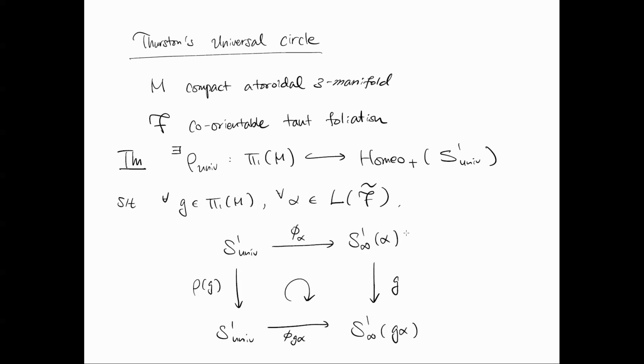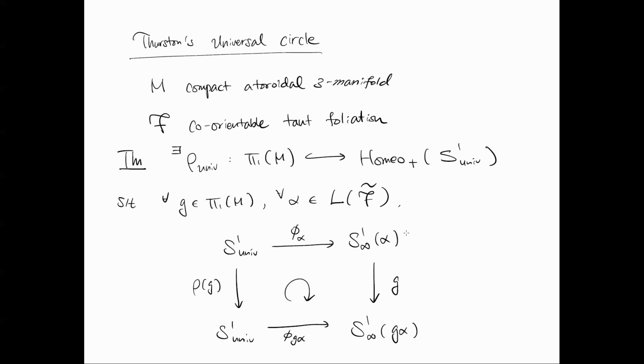Not only that, if you take an arbitrary element in the fundamental group and an arbitrary leaf of the lifted foliation in the universal cover, then you have this commutative diagram. So what is this map? This map is a map from circle to circle.